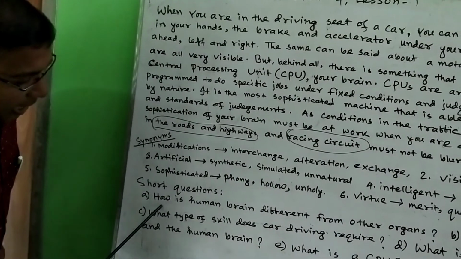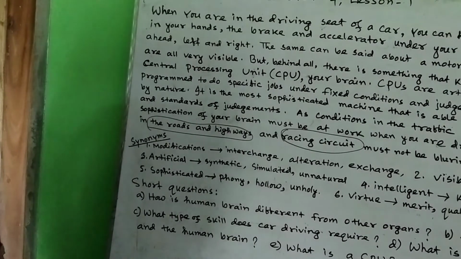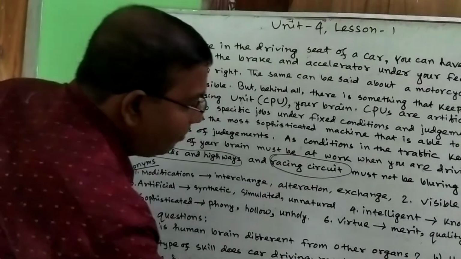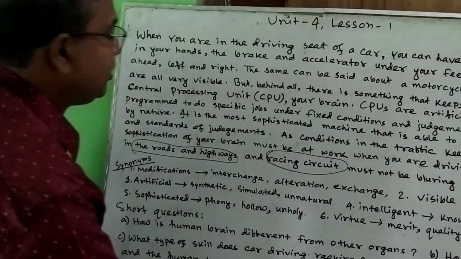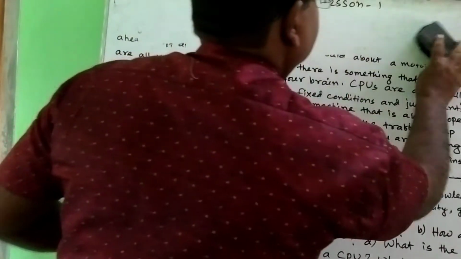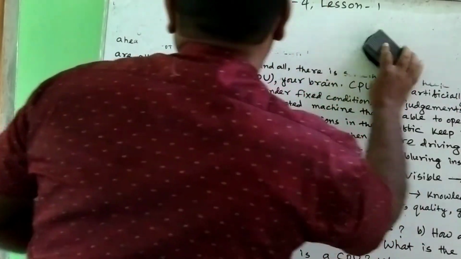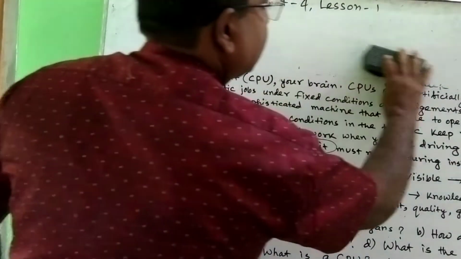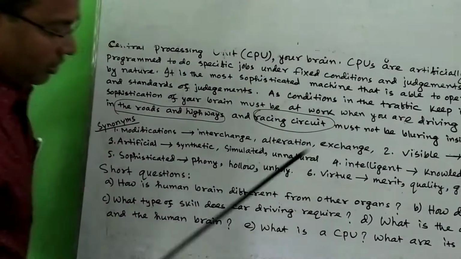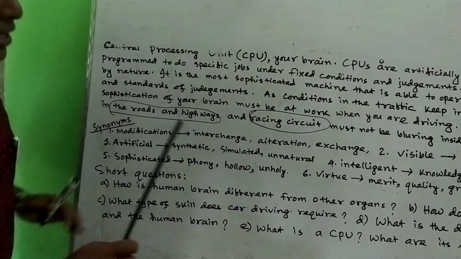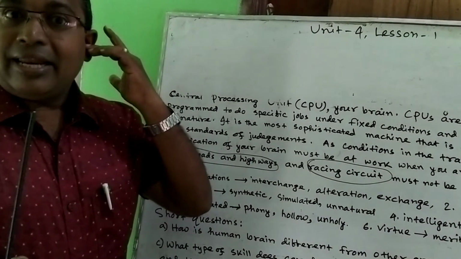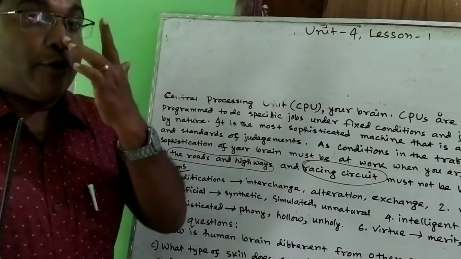First one: how is the human brain different from other organs? My dear students, our other organs may include our hands, our legs, our ears, our eyes, our nose.